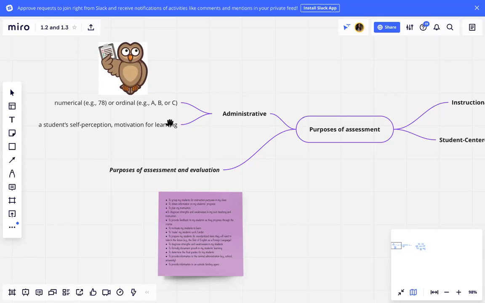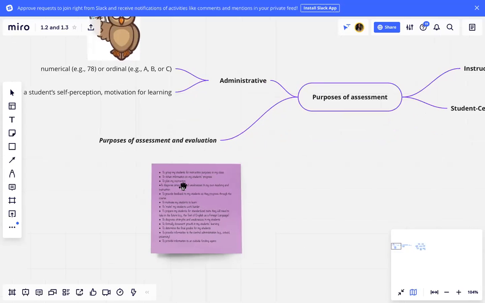But as a teacher, we must not judge our students only by the grading, because sometimes students have a bad day, and that doesn't mean that they don't know the content, or they are not smart or something like that.